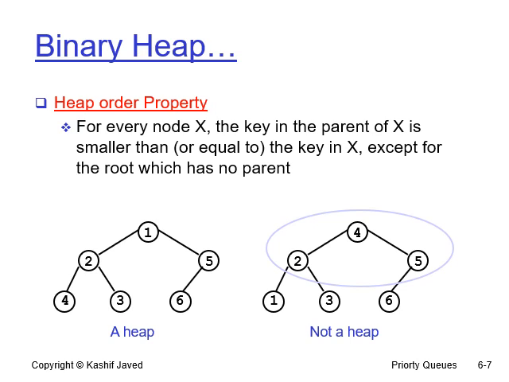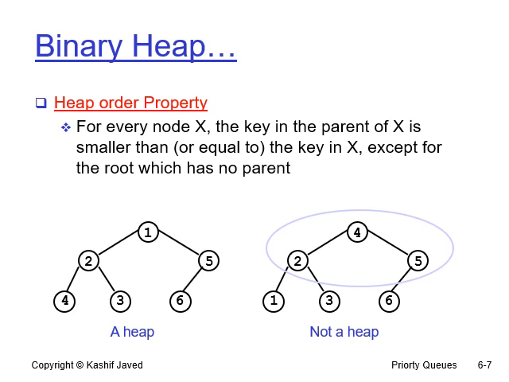If X is 4, look at the parent of 4. It is 2, and obviously the parent of 4 is smaller than 4. Similarly, if X is 3, the parent of 3 is smaller than X itself.